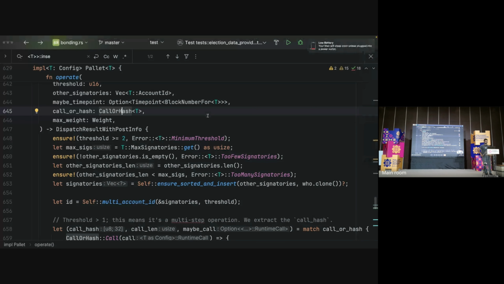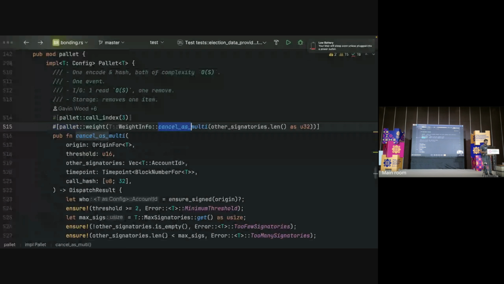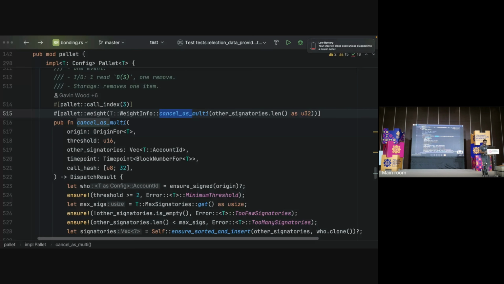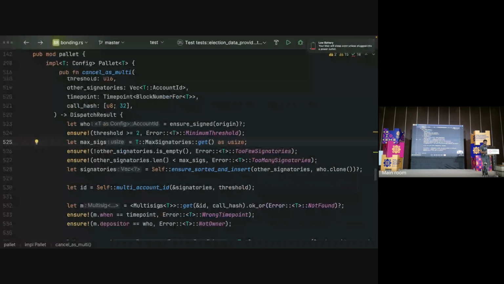If you open the function called cancel as multi, line 516, I'm just wondering about the get one in line 532, this kind of composite key. I'm trying to understand the ID first, how they are able to get the ID.